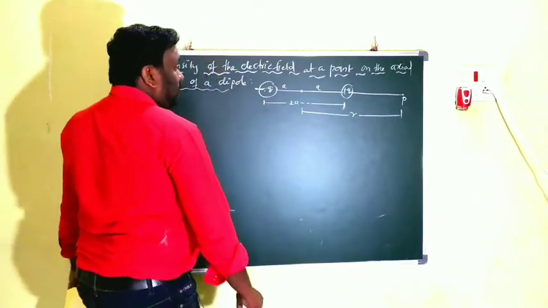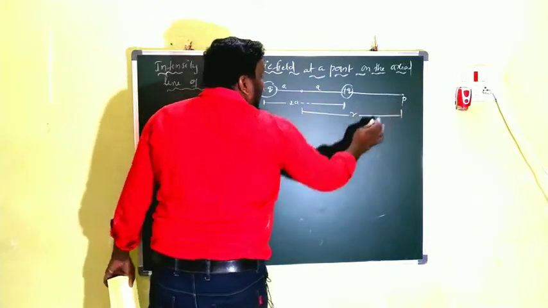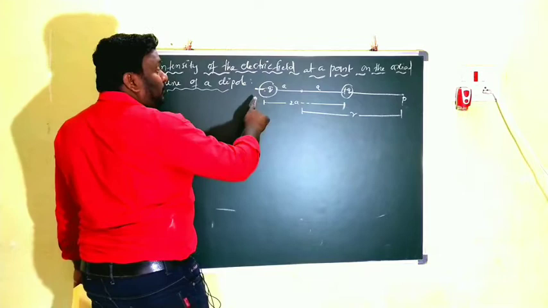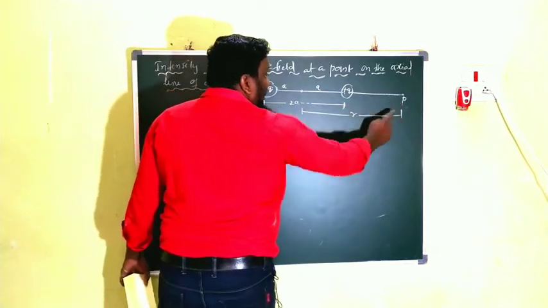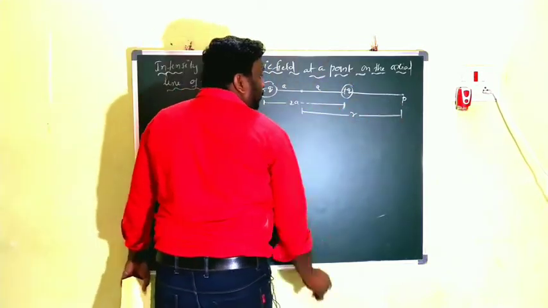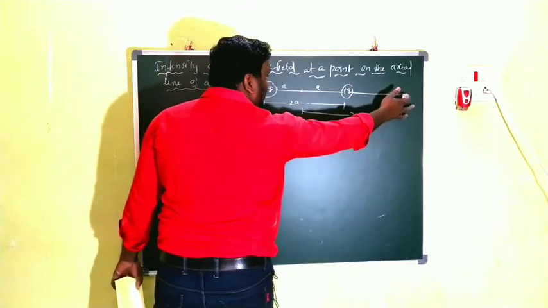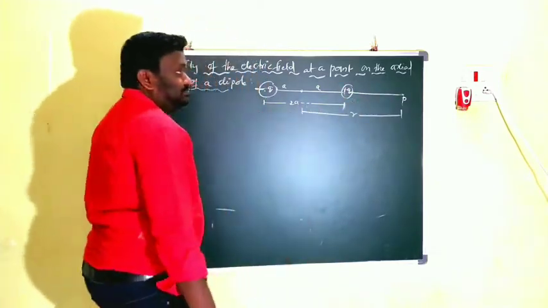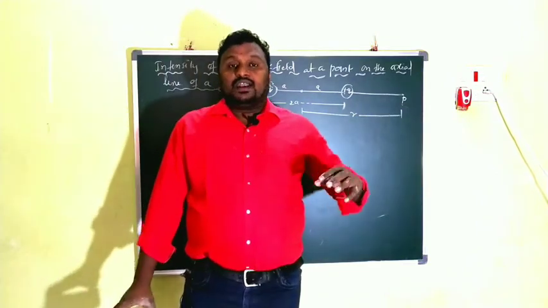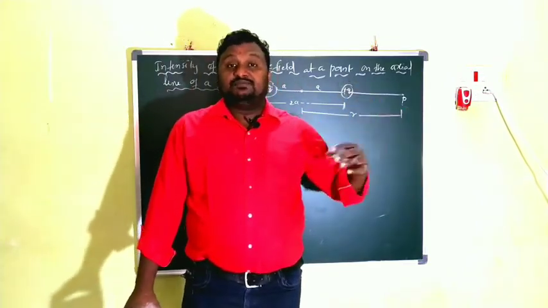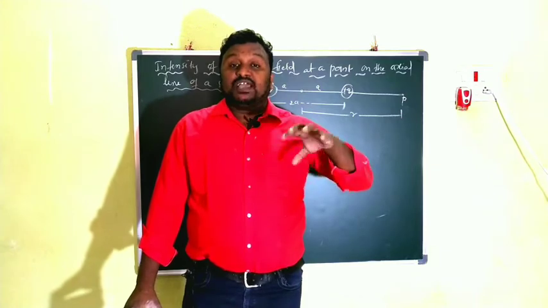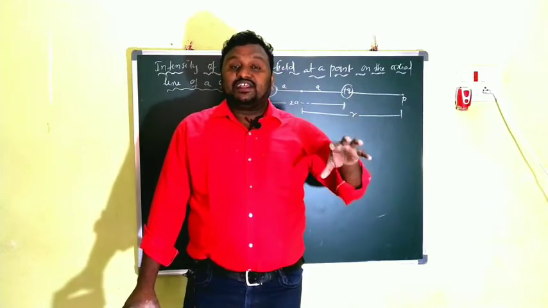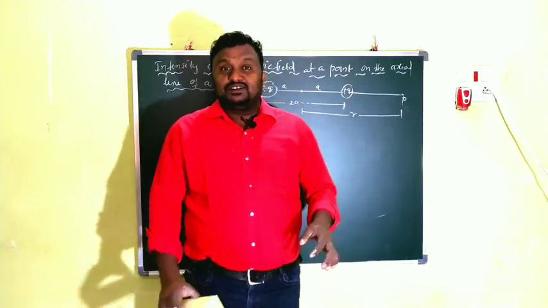Now here the point P is in the field of the dipole. That means there is some force at this point because of minus q and plus q. Clear? Already we discussed electric field intensity. In the previous video I explained the electric field intensity due to multiple charges.